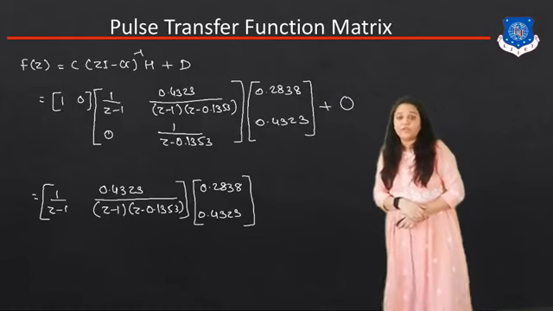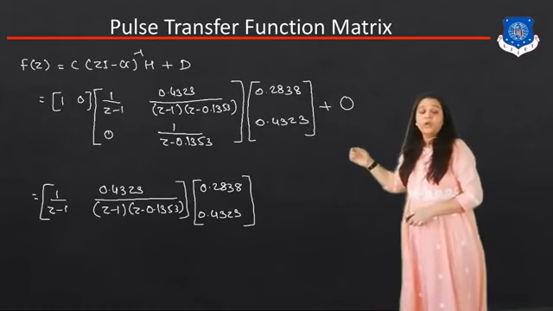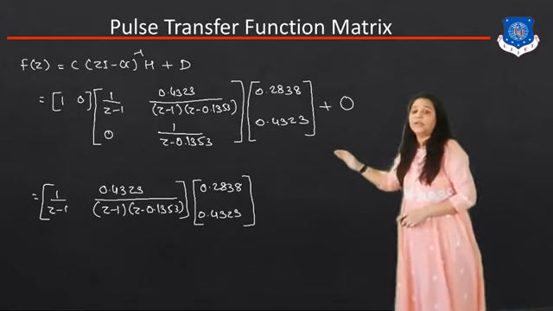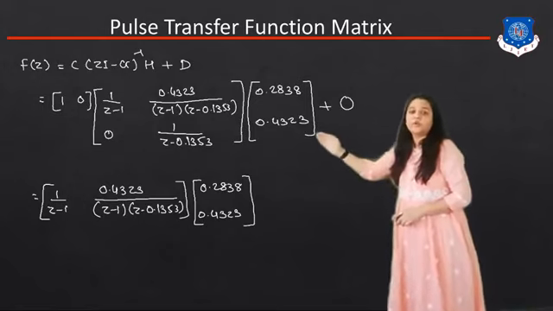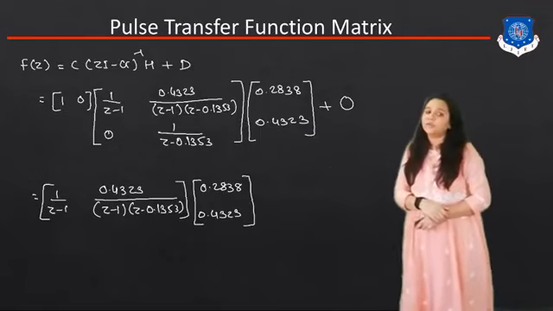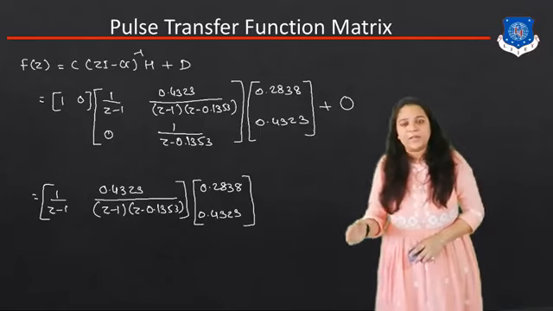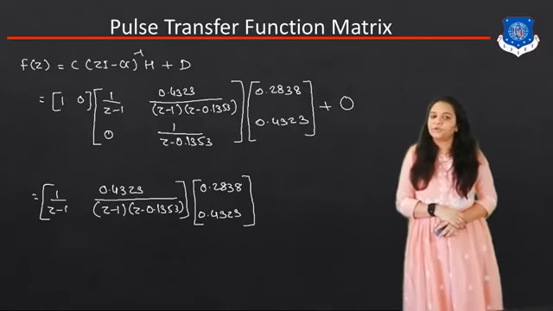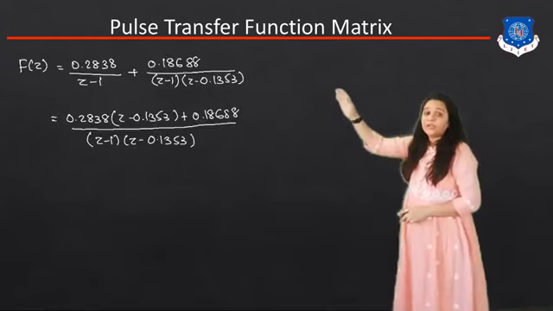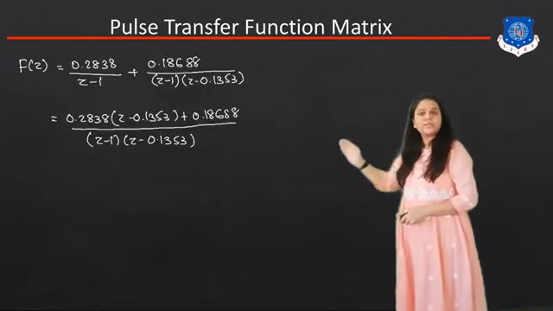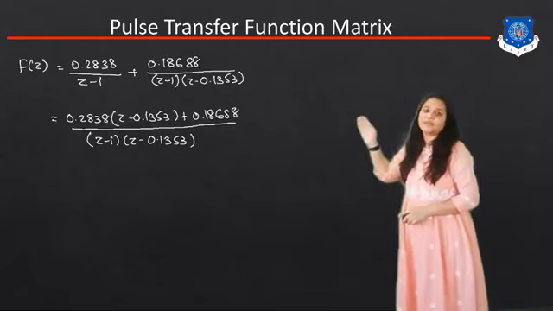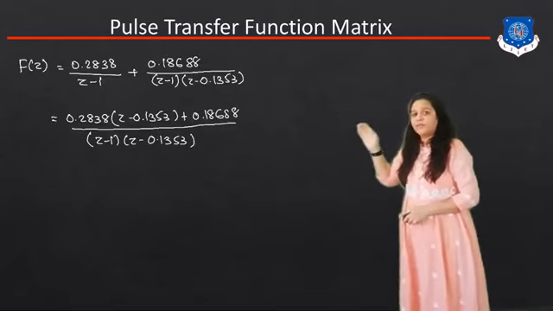So first of all we have to multiply this C into ZI minus A inverse. We can get 1 upon z minus 1, 0.4323 upon z minus 1, z minus 0.1353, into the B matrix, and D is equal to 0. So multiply these two matrices, we can get 0.2838 upon z minus 1 plus 0.18688 upon z minus 1, z minus 0.1353.